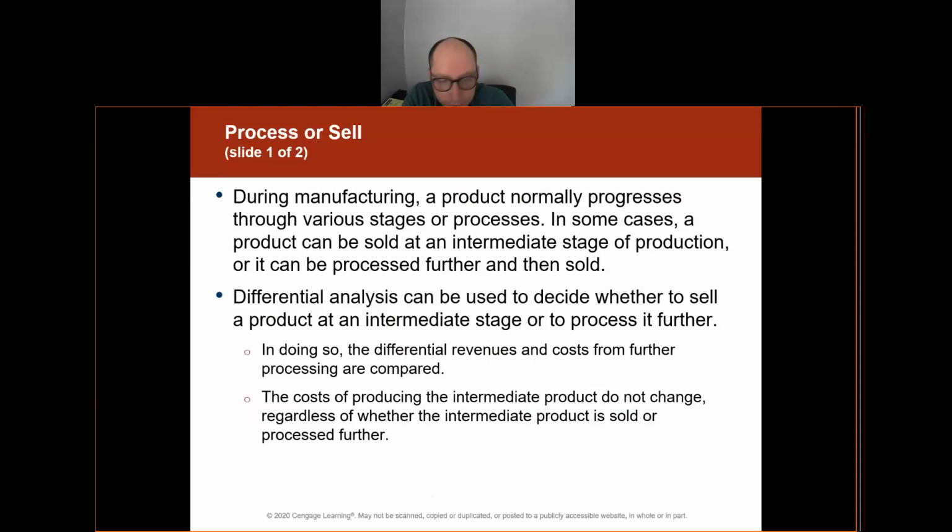We talked about this concept called process cost. Remember process cost? We talked about job cost in one week, and then process cost in the next week.